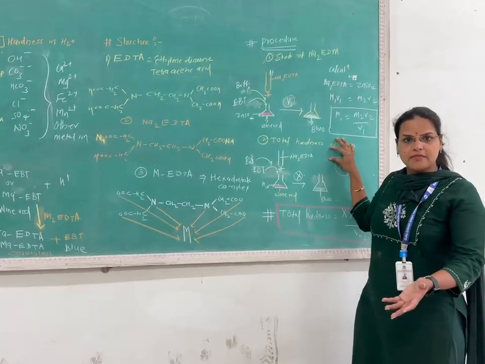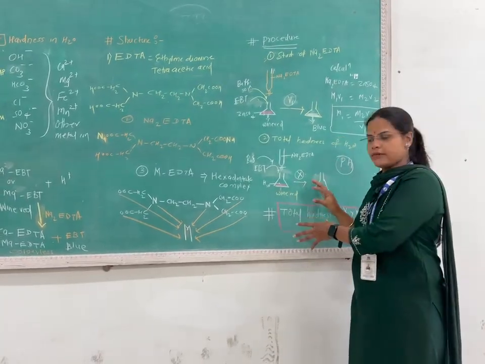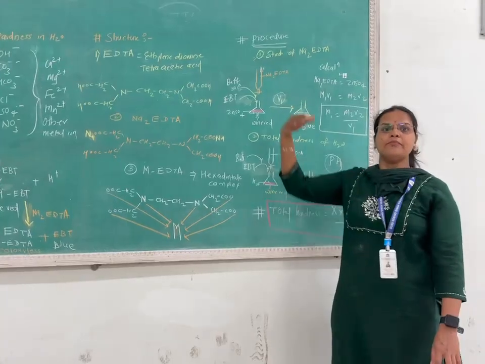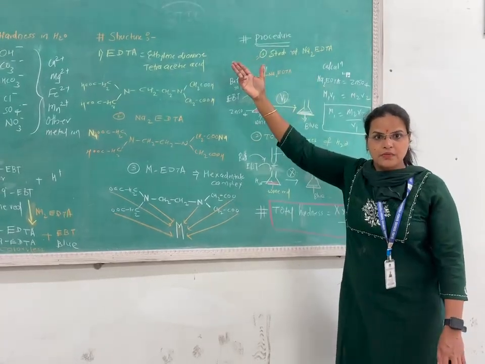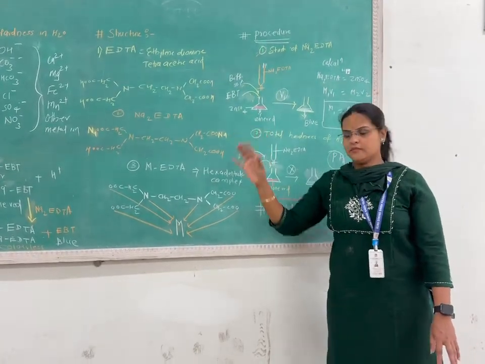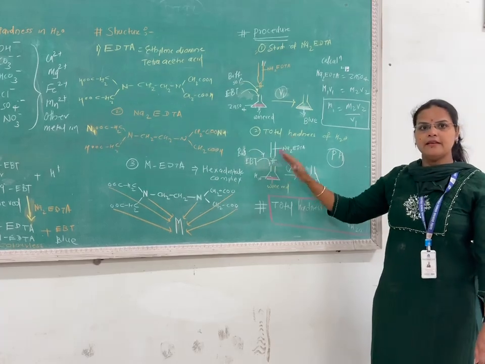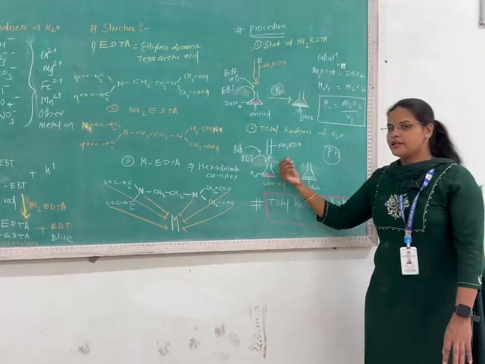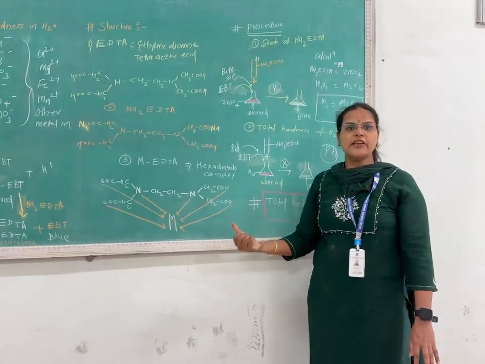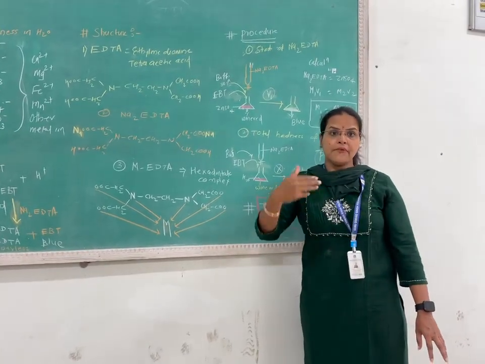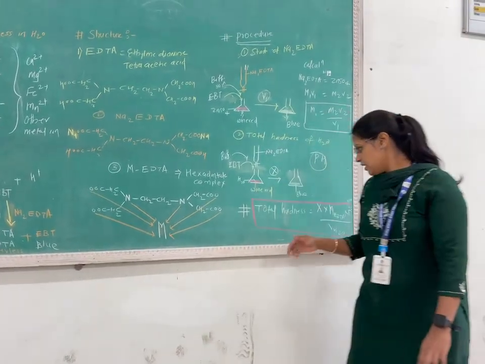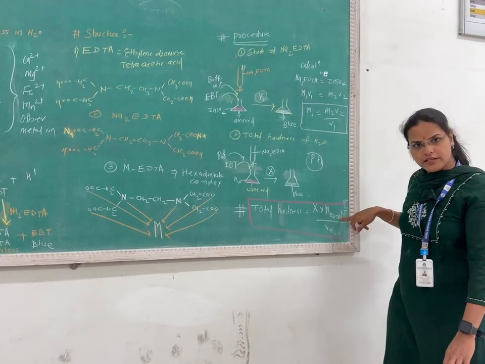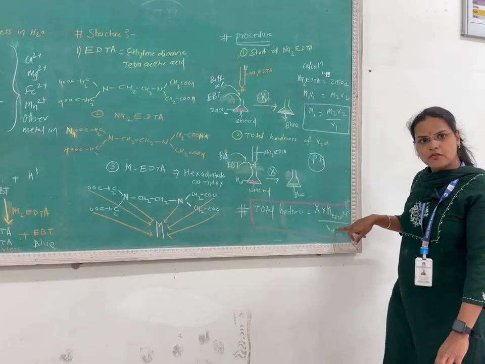The procedure remains the same, but here, instead of the normal water, we use the filtrate obtained after boiling. Add buffer, add EBT, wine red color forms, titrate to blue. Note the burette reading as Y ml. This reading is used for finding the permanent hardness, which is Y into molarity of EDTA into 10 raised to 5 divided by volume of water.